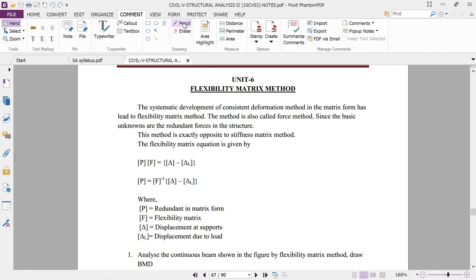Today we are going to start with the last unit of your Structural Analysis 1, that is, introduction to the flexibility method, or simply called the force method.